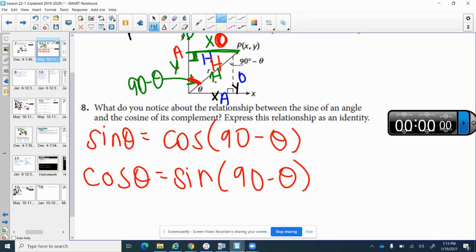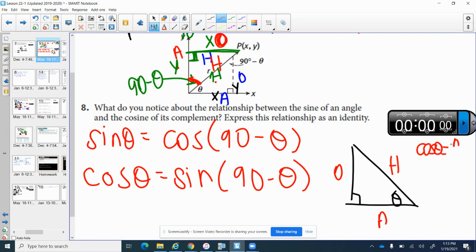Now, you may not remember this from geometry land, but we actually talked about these in springboard geometry back in the day. Because if you think about it, if you have opposite, adjacent, hypotenuse, the cosine of theta is adjacent over hypotenuse. So let's call this side x, this side y.